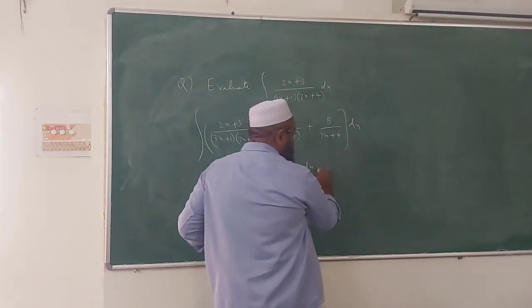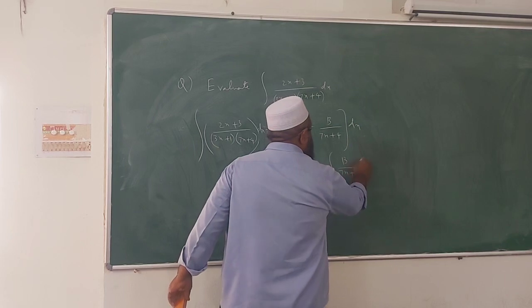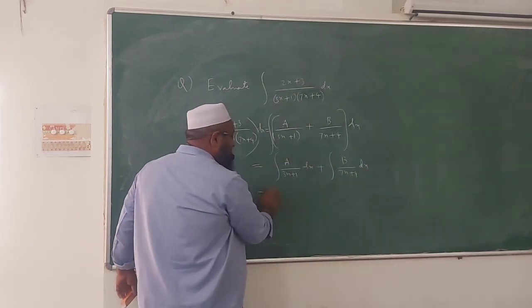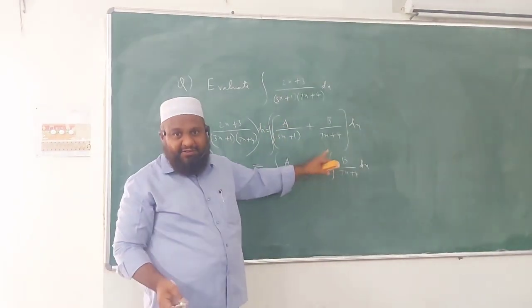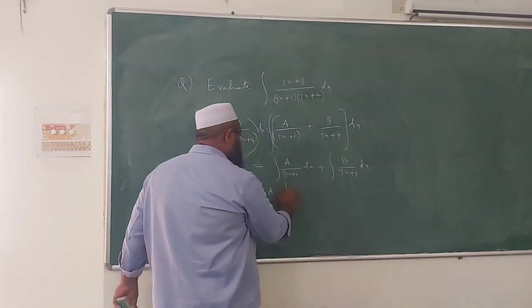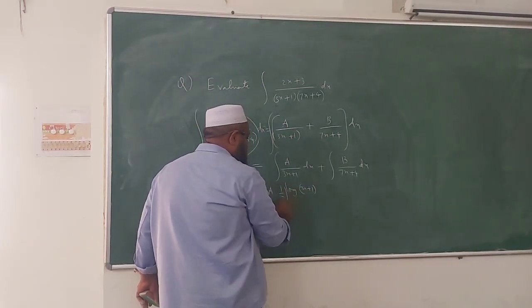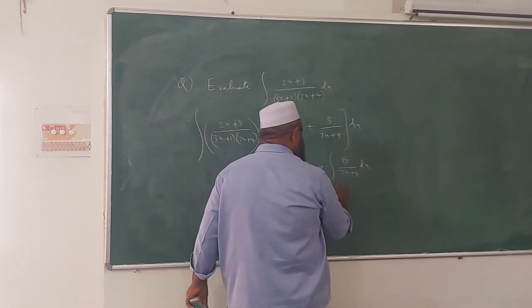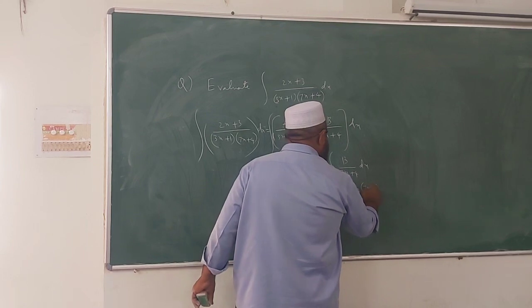The second one, integral b by 7x plus 4. A comes out. To save time, I am not calculating those a and b values. So a into log of 3x plus 1 times 1 by 3, plus b into 1 by 7 log of 7x plus 4.